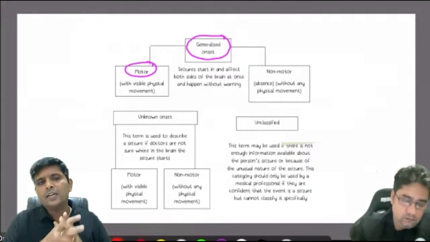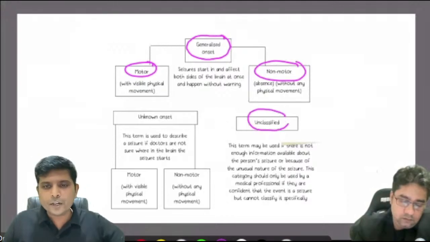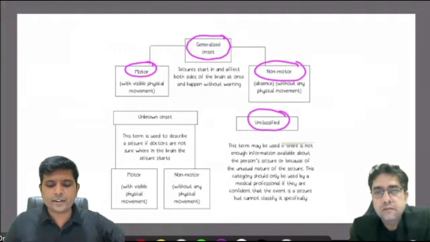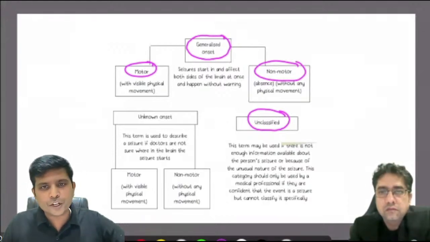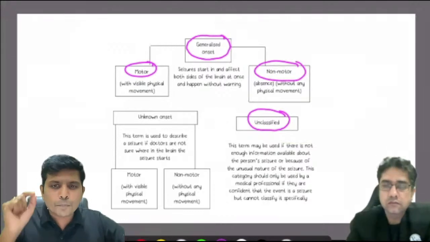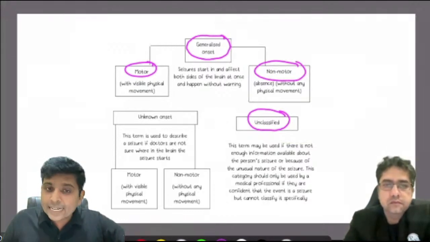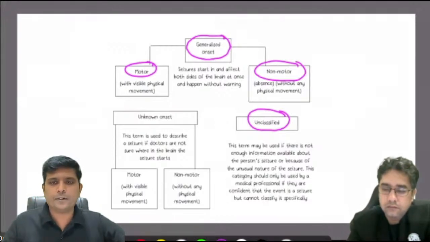If your seizure doesn't fit into any of these categories, it will be called unclassified. Because if you can't visualize the seizure, majority of the time it will be difficult to fit into a particular diagnosis, that can be classified under unclassified seizures. Next one.